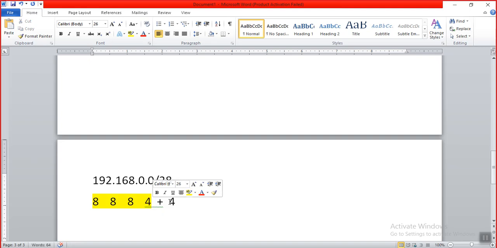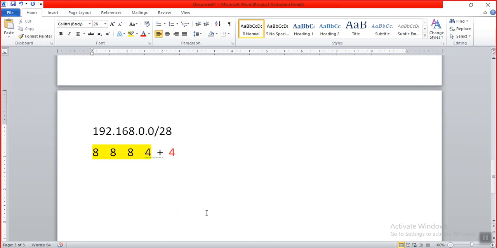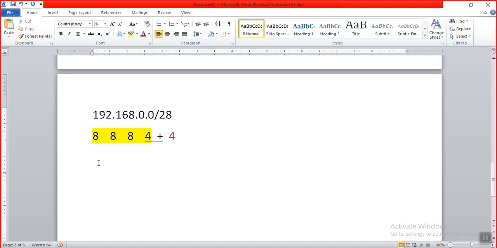This 24 is on the network side and this 4 is on the host side. So again the same calculation. Net bit 24, host bit 8. Subnet bit 4, right, because I added this 4. So subnet bit is 4.